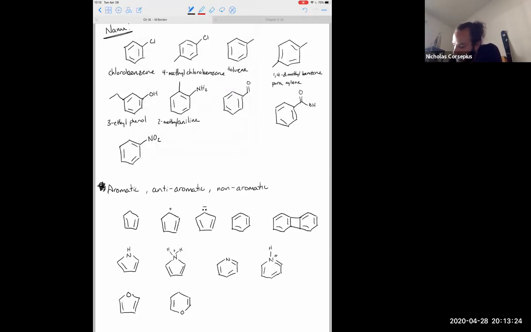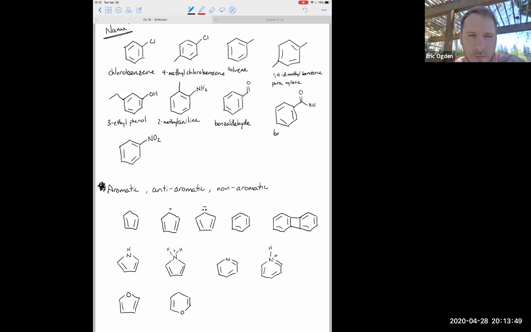What about this guy? We've actually used him a bunch in lab. Benzaldehyde. Yeah, so this is benzaldehyde. Of course, we have an aldehyde group attached to our benzene ring. And this other one we also used a ton in lab. Benzoic acid.